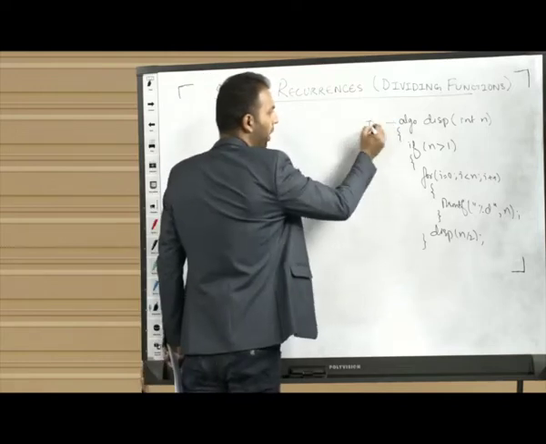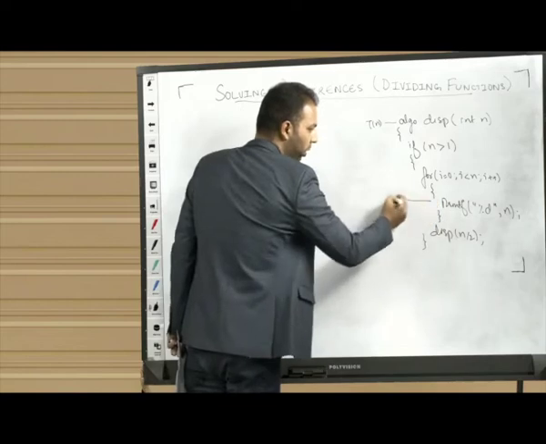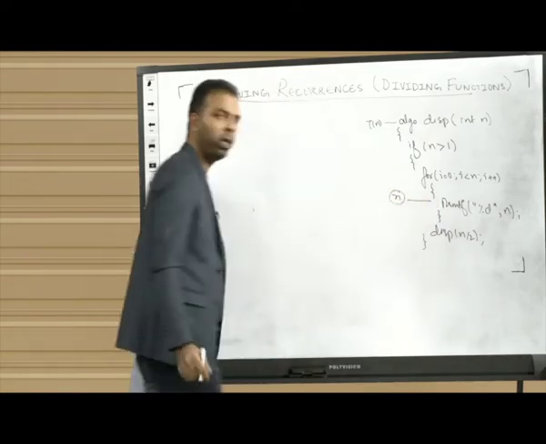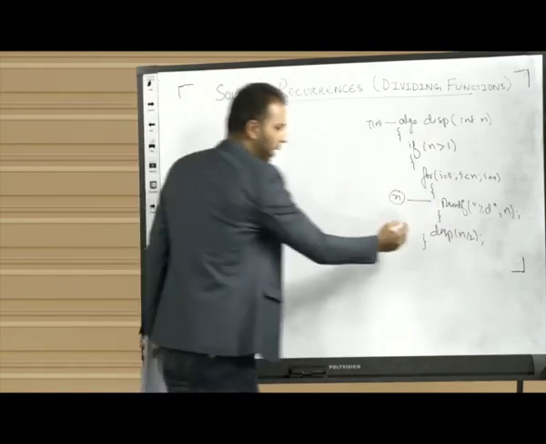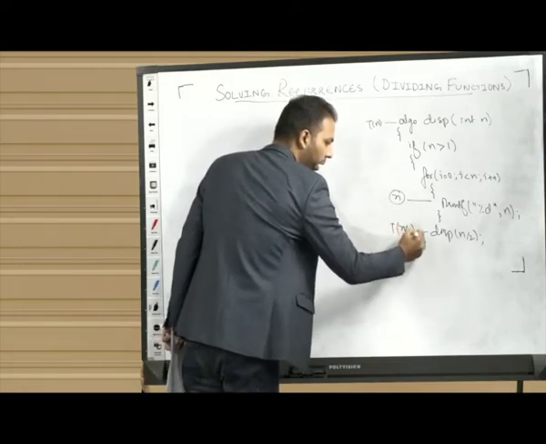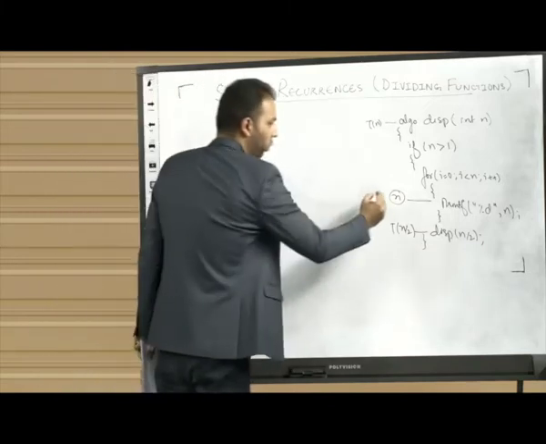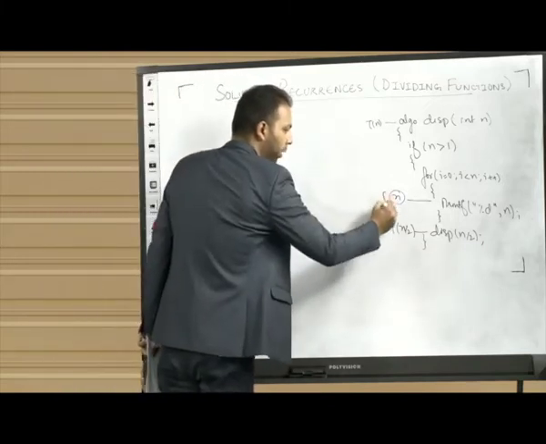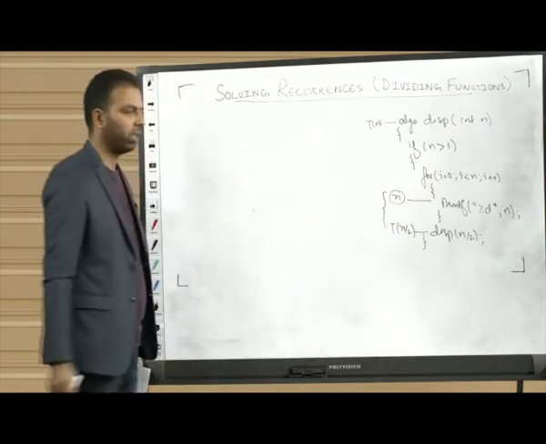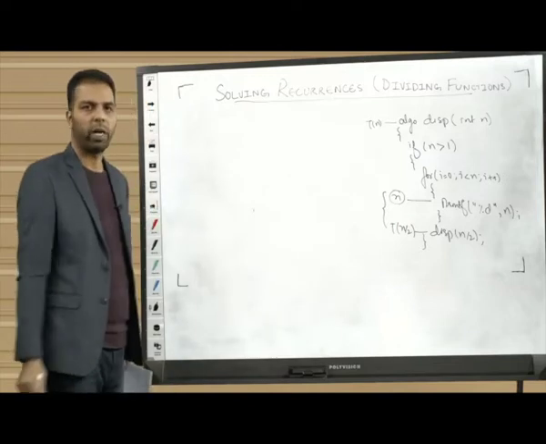Fine. So now let us calculate the time taken by this. So here this will be T of n. This will be executed how many times? It will be executed n times. And finally this will be executed n by 2 times. So for n greater than 1, we have this running time, and for n equal to 1, we have constant time, that's 1.